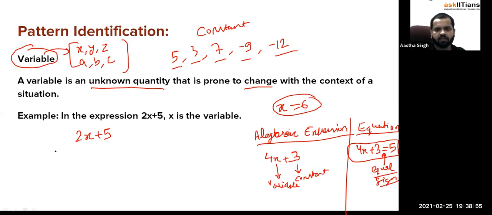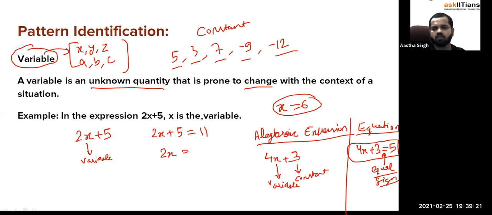So yeah, in the expression 2x plus 5, x is your variable and 5 is a constant. What if an equation 2x plus 5 is equal to 11 is given, right? Now just find out the value of your x. So 2x will be equal to 11 minus 5.